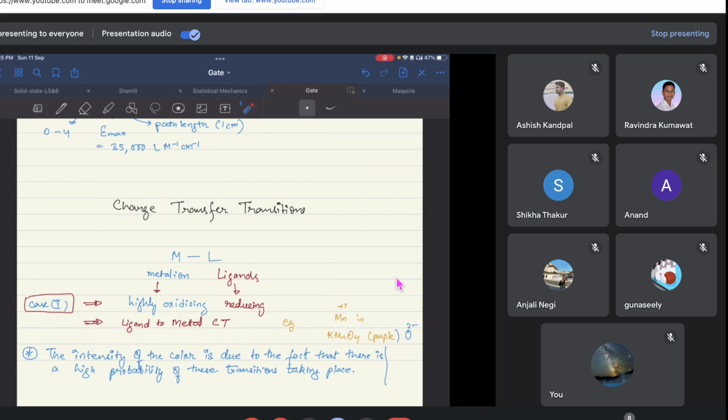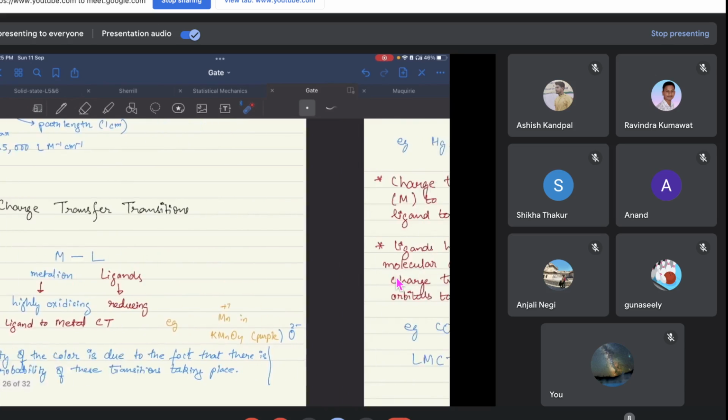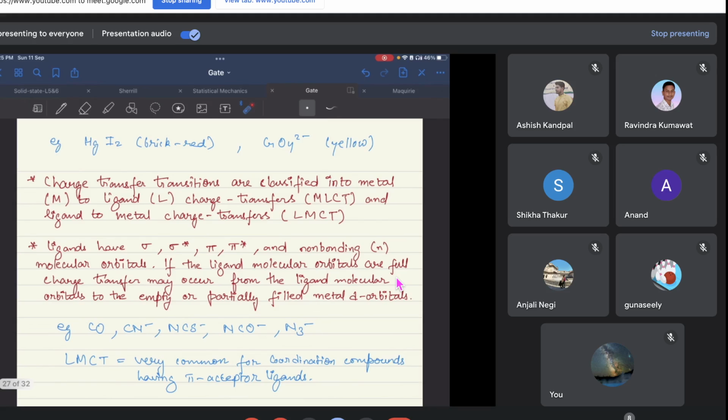The example for that, as we have discussed, is KMnO4, where my O2 negative is highly reducible, and the intensity of the color is due to the high probability of these transitions taking place. Other examples are mercury I2, which is brick red in color, and CrO4 2 negative, which is yellow in color.